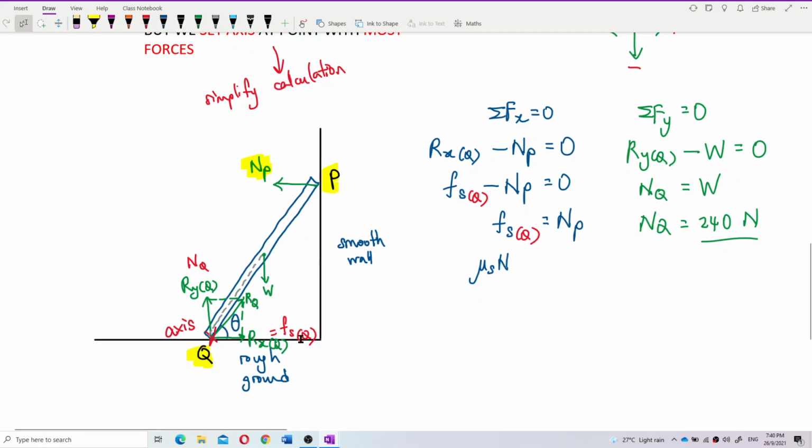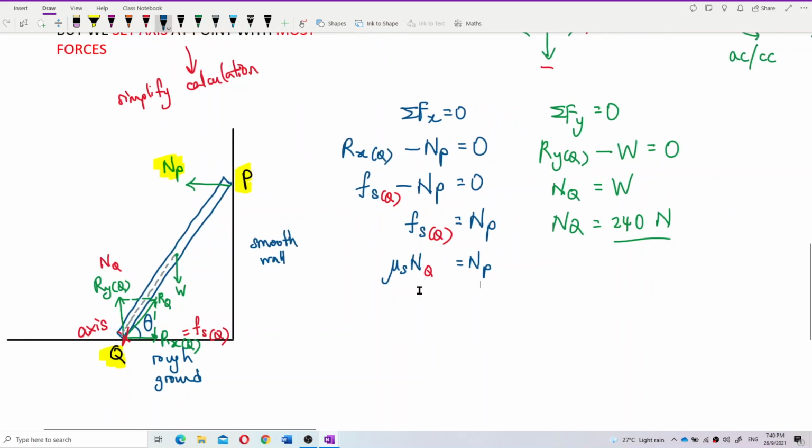The friction on Q is dependent on the normal force of Q, which is Ryq. So this is mu s times N on Q, which is also equal to the normal force for P.